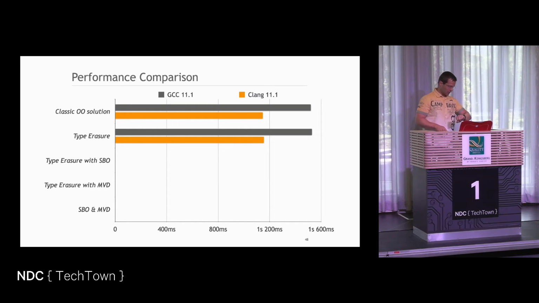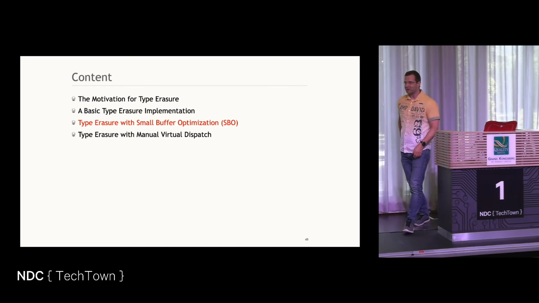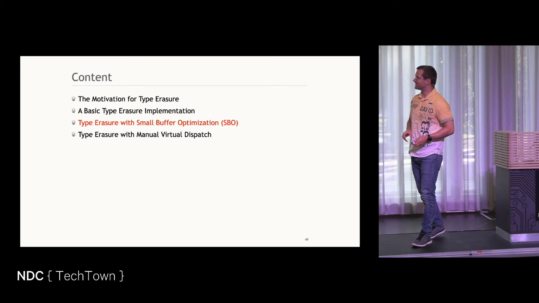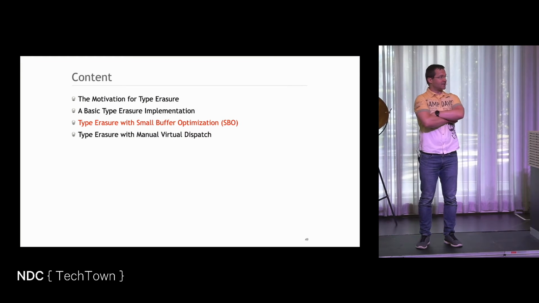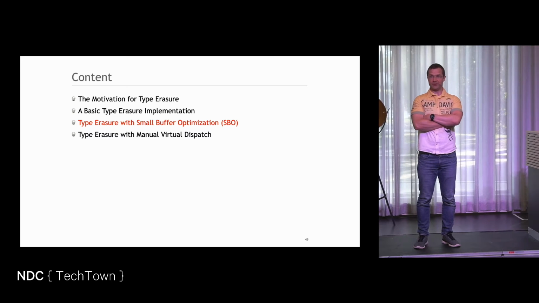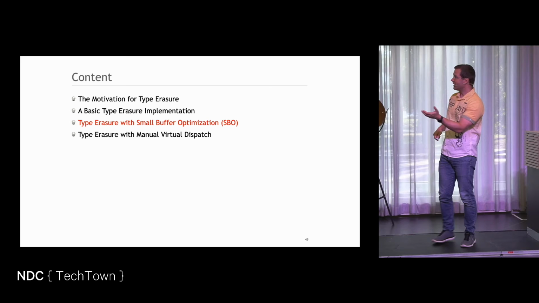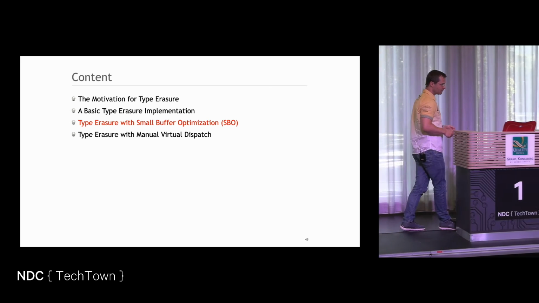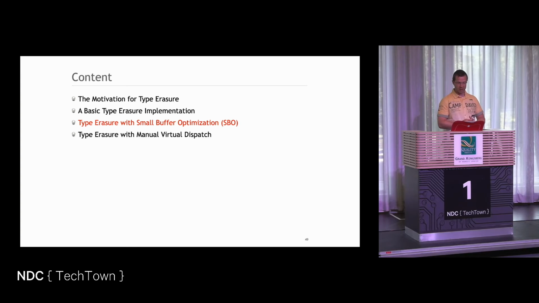But we now want to dig deeper. And we will now start to talk about what we can do to actually make it faster. There's a couple of options. Fascinatingly, because we do not have a pointer, we have a wrapper, we have a class, we can actually do a couple of things inside this wrapper that before were just totally impossible.